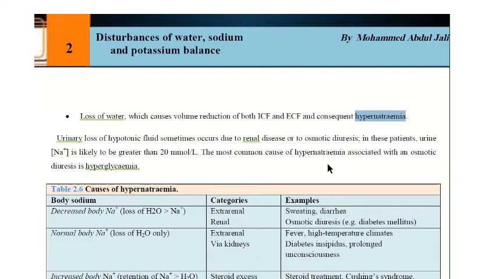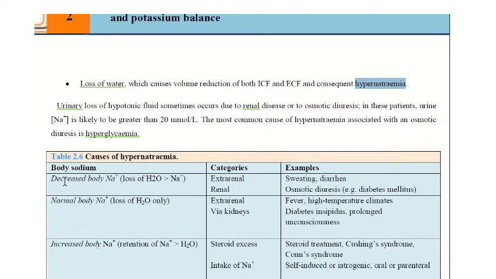The most common cause of hypernatremia associated with an osmotic diuresis is hyperglycemia. وهذا التيبل هنا أيضا الموضوع موجود باختصار.